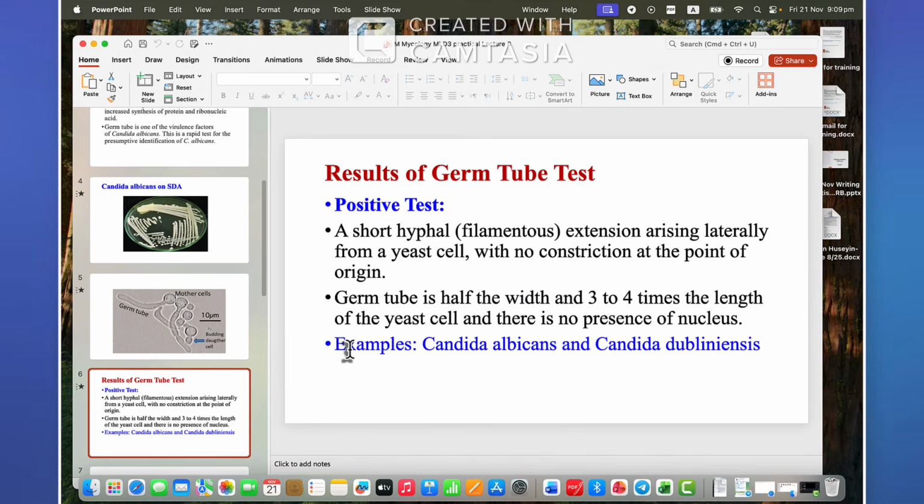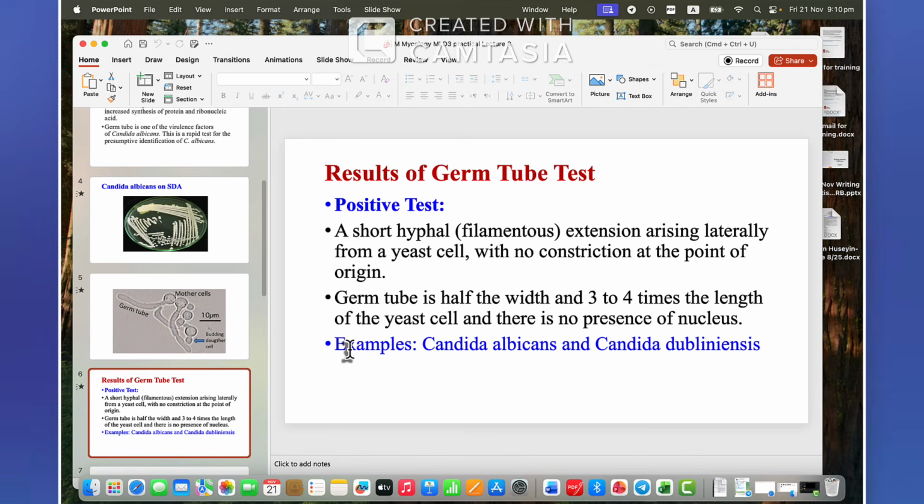The result of germ tube, as we said and talked about it, after incubation, under the microscope, you will have a drop of the serum on a clean slide and then cover slip, you will find the short hyphal filaments arising from the yeast cell with no constriction at the point of origin, of course.